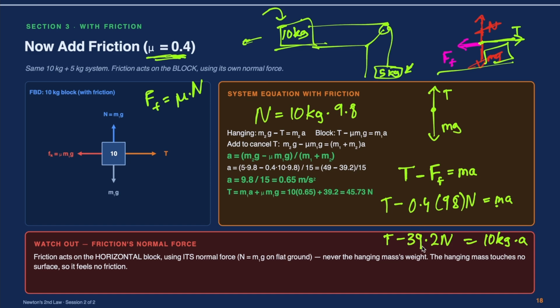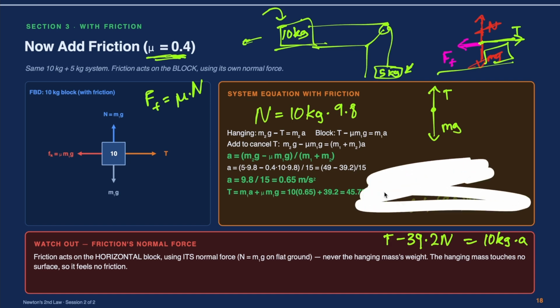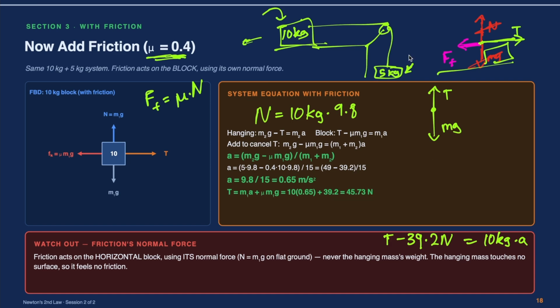Okay, so now let's look at the other equation, which is going to be for this block here. So no crazy stuff, similar, right? Tension minus mg, which in this case would be 5 times 9.8, is equal to MA, and A is going in the negative direction, so it's going to be negative MA.